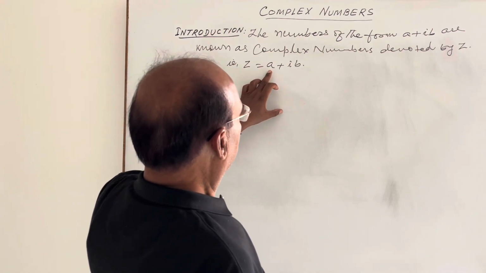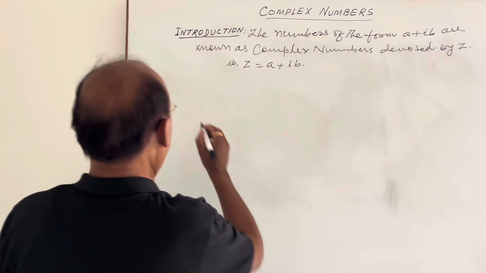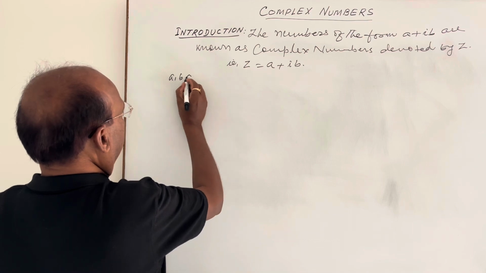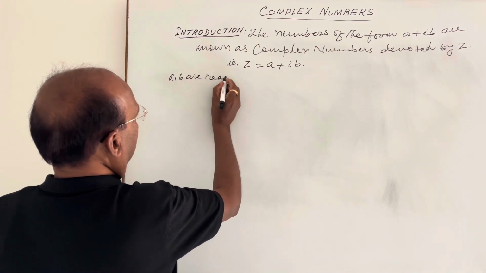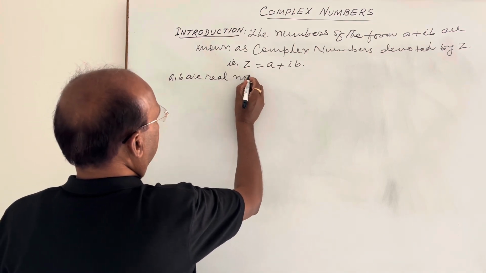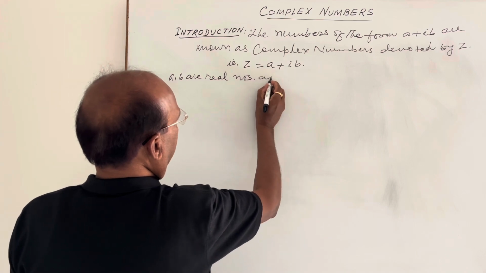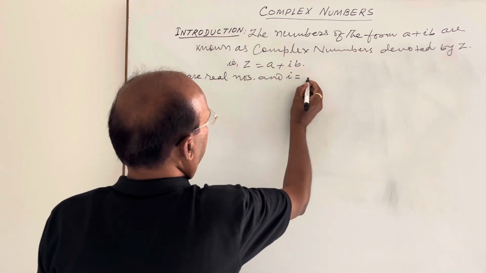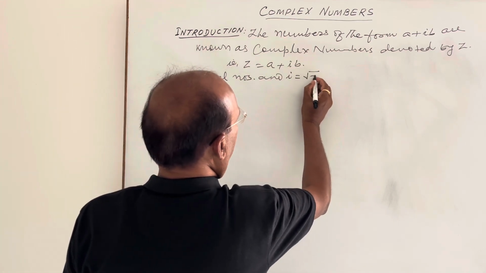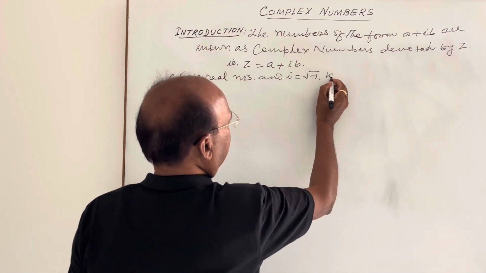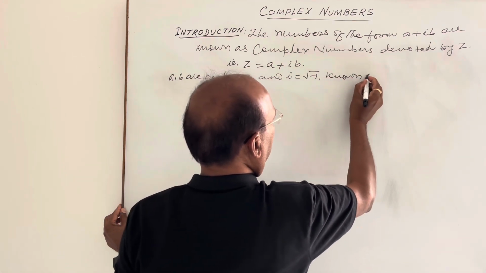Here a and b are real numbers and i is equal to square root of -1. This is known as imaginary number.